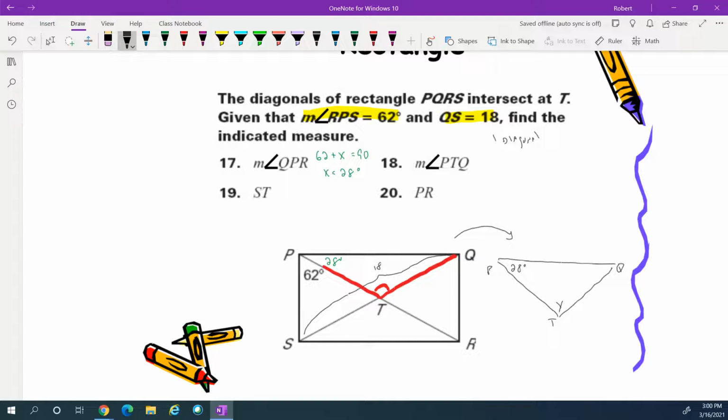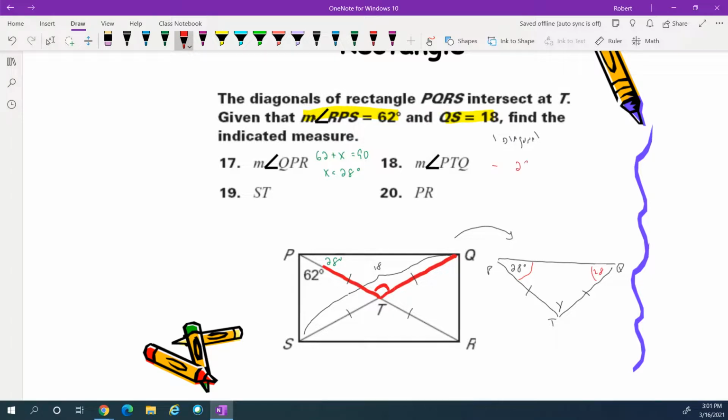Now we're looking for that angle. Think about the properties of a rectangle. In a rectangle, the diagonals are congruent, but the diagonals are also bisected. So all of these parts of the diagonals are congruent. We observed that it was an isosceles triangle. That's very important because in an isosceles triangle, the base angles are congruent.